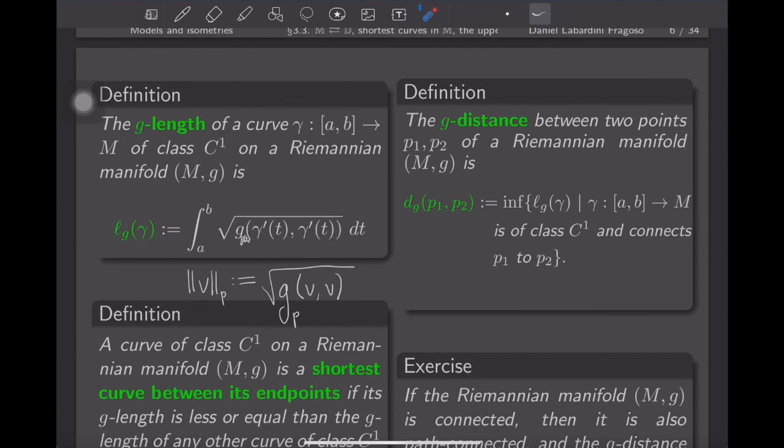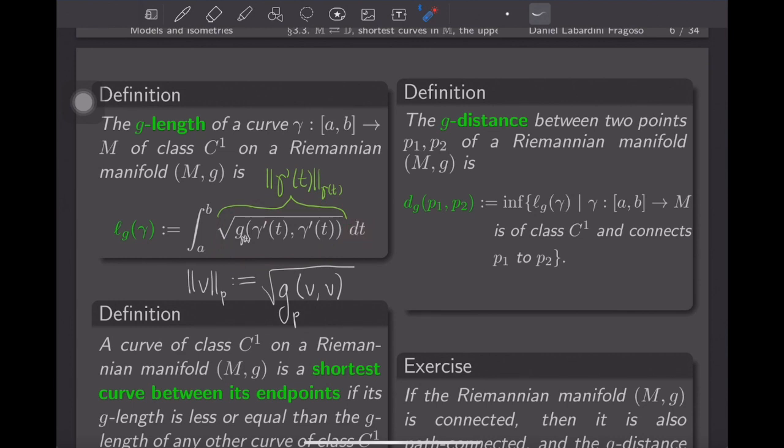Then the G length, where G is my Riemannian metric, is the integral of the norm of gamma prime of t, sub gamma of t, with respect to t.